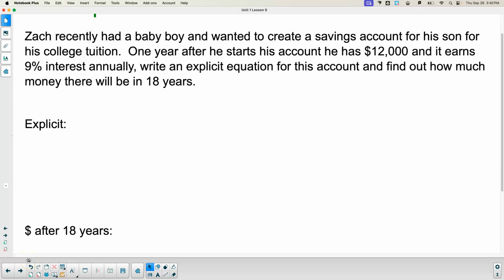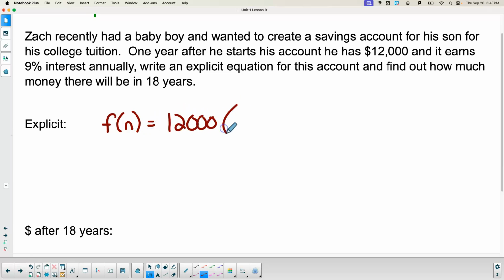So your explicit equation should be f of n equals 12,000 times 1.09 to the n minus 1 power. We are dealing with 9% interest, so 9% as a decimal is 0.09.